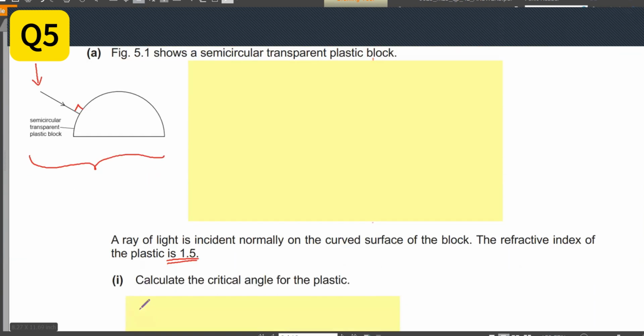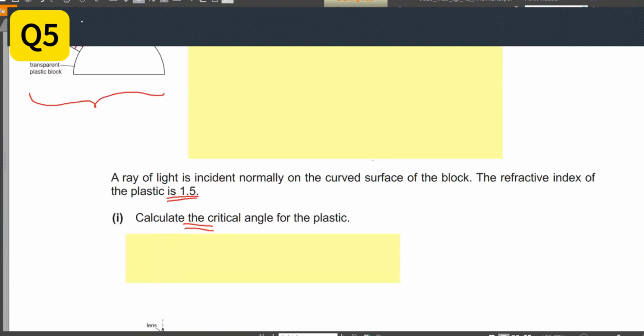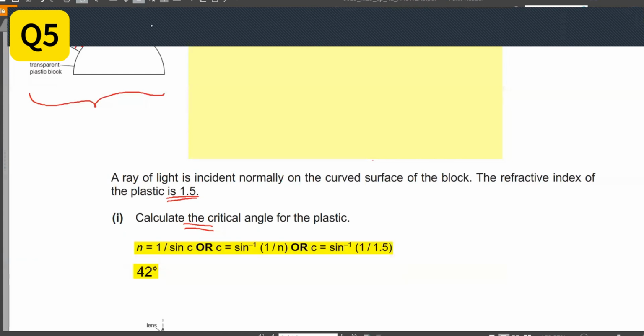Let's take a look at the question. Calculate the critical angle for the plastic. So we have a formula for that. The formula is this: refractive index equals 1 over sine C, where C in this case is the critical angle.